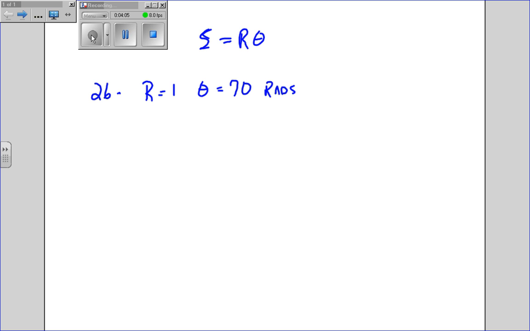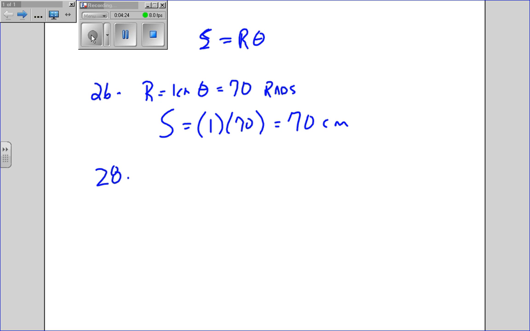So our S is going to be 1 times 70. We should get an answer of 70 centimeters. This is 1 centimeter.